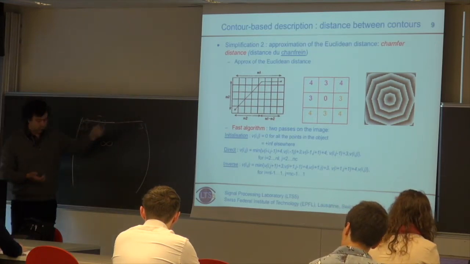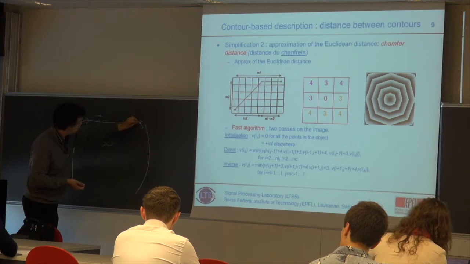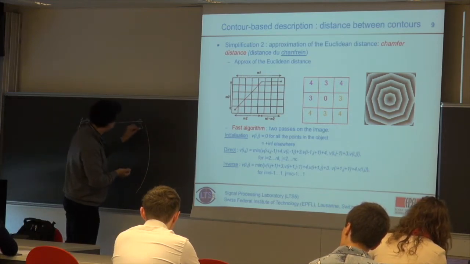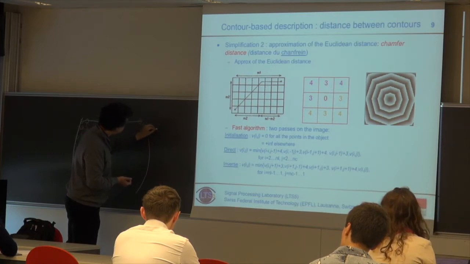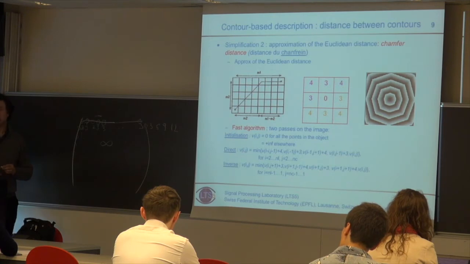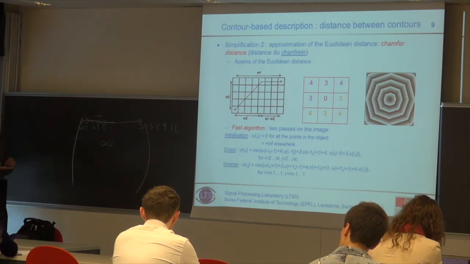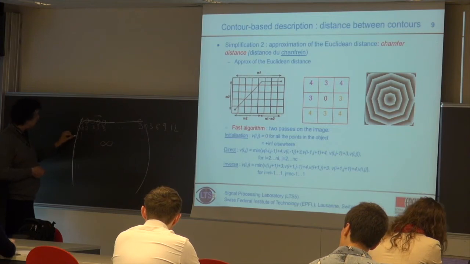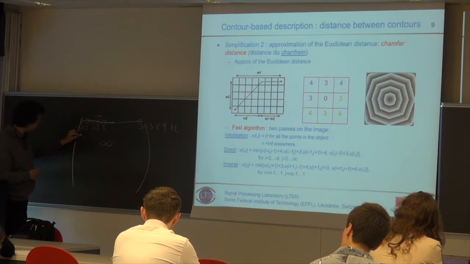Because of this one, because of this contour. Then 0, then 3, 6, 9, 12. Correct? Now here, what do I have? Obviously I have 0, 3 or 6, so I will choose 3.